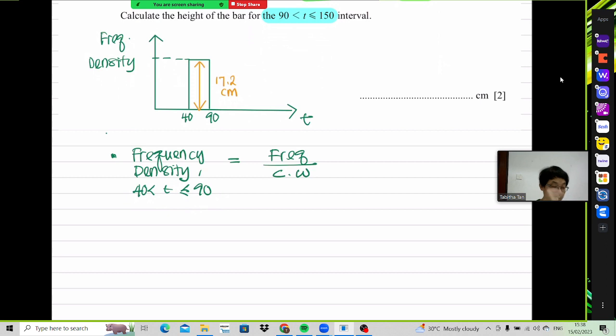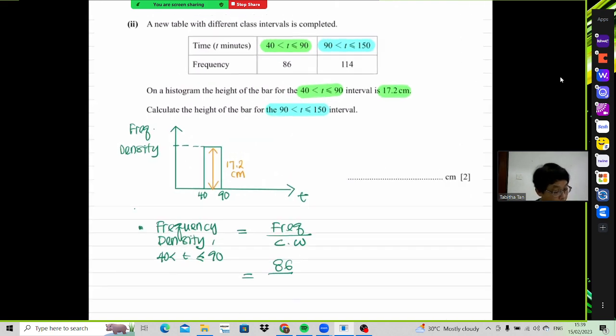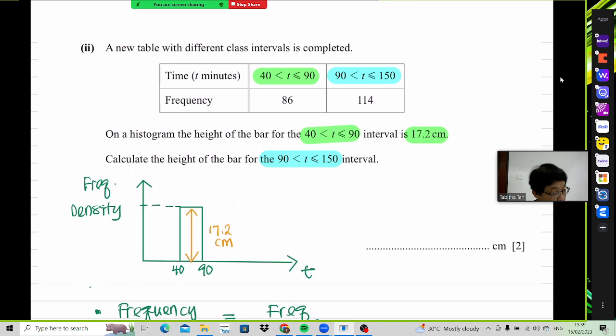So you just go up to the table. What is the frequency there? 86. What is the class width? You have learned that just now. The class width will be 90 minus 40, correct? So the class width is 50.